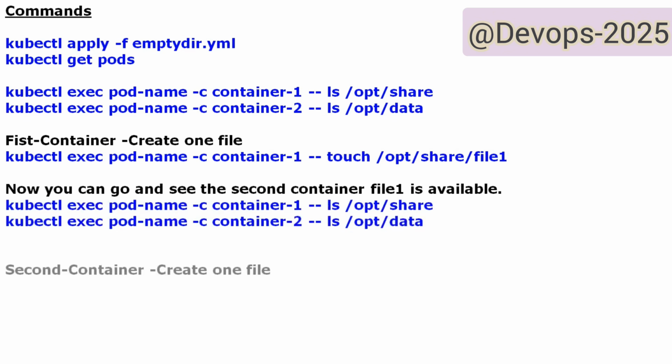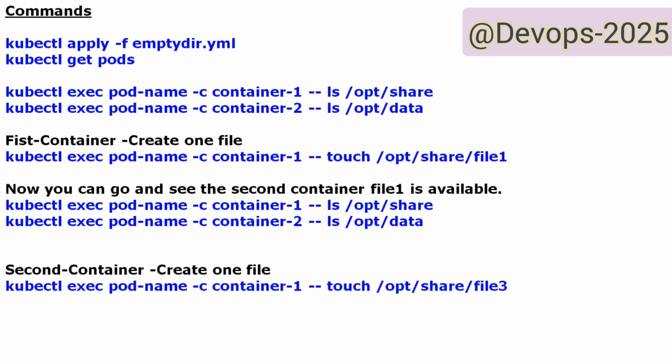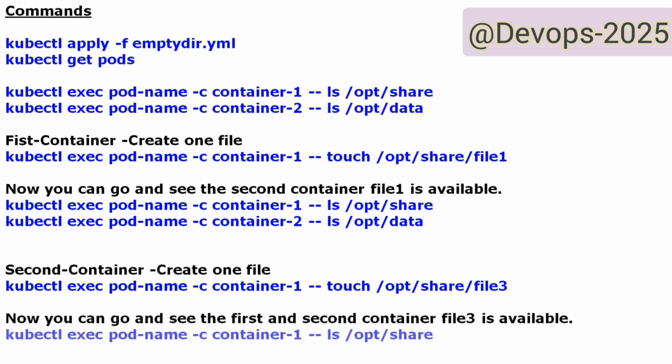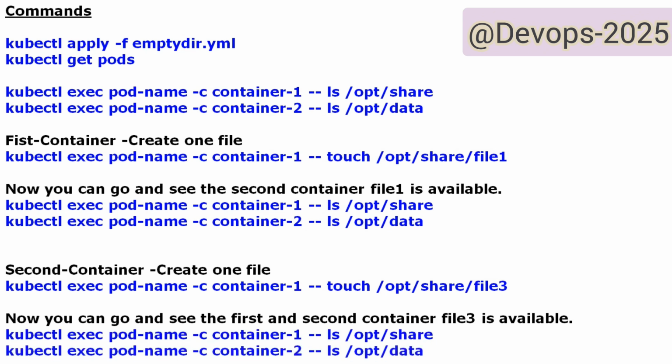In the same way, if we go to the second container and create one more file called file3, then in the second container two files are available, file1 and file3. And if you go and see container 1 also, file3 and file1 are available. So both containers can share content using EmptyDir.